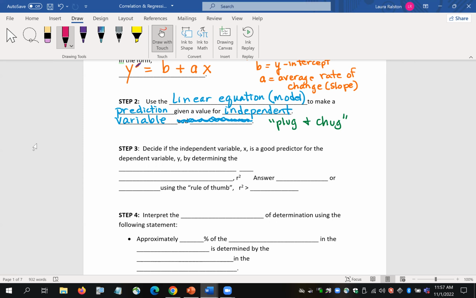For example, there was a problem in a textbook years ago that looked at the relationship between ice cream sales and the murder rate. And quite honestly, there was a relationship between ice cream sales and the murder rate. But that's not necessarily a good predictor. Ice cream sales is not necessarily a good predictor of the murder rate.